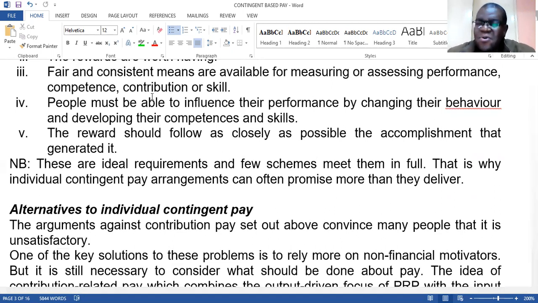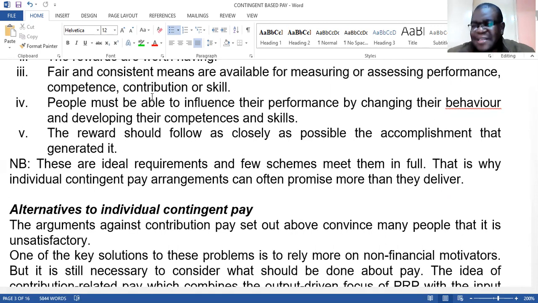It should be possible for the employees to change their behavior, to develop competence, skills, enhance their contributions, etc., for which they will be rewarded.